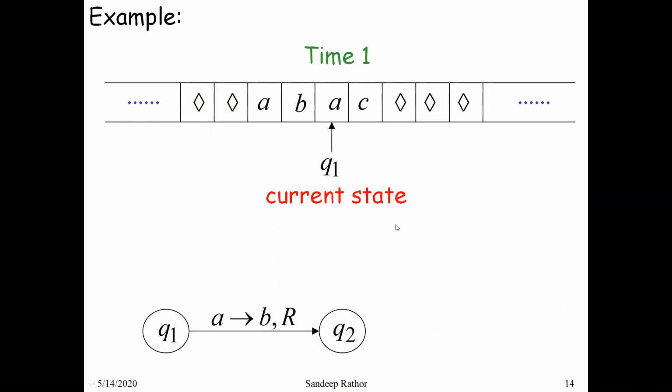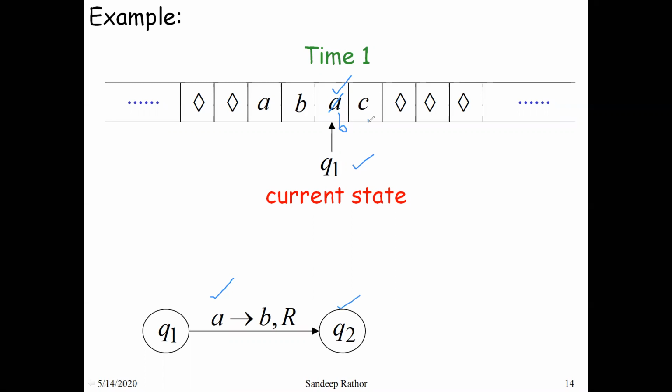In the same way, suppose we represent this diagram using the machine on the tape. How can this be explained? In this case, Q1 is your current state, and the head is reading the A symbol from the tape. You are in state Q1, reading symbol A, and you want to replace this A by B. So this A will be converted into B, the movement is right, and now the state is Q2.